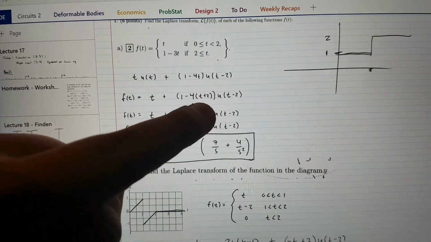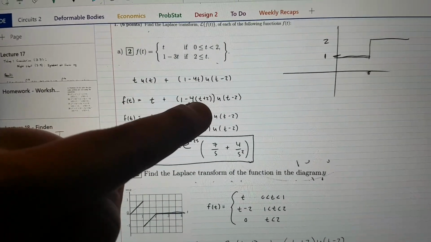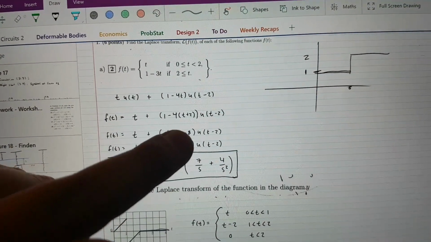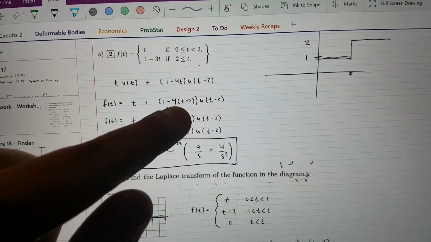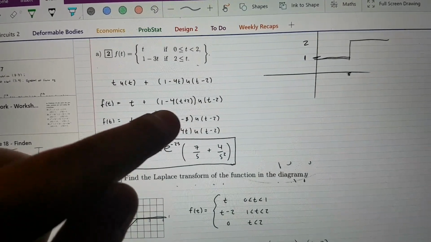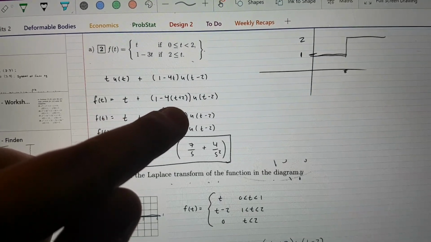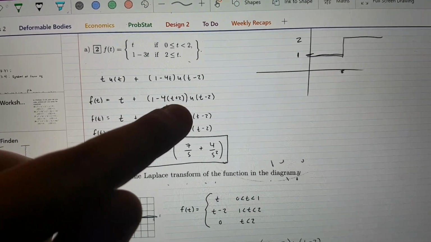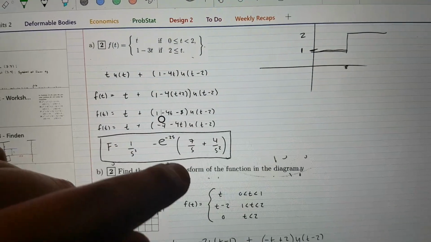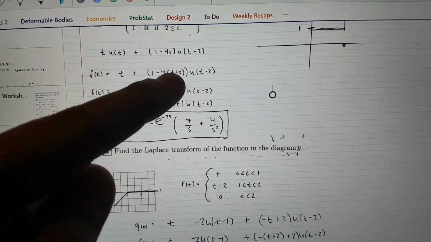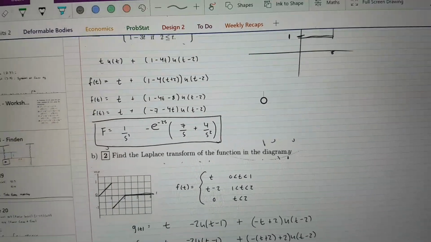And then you evaluate your t's here at t minus 2, but it's t plus 2. And I made a mistake because I had t minus 2 here, so it would be minus 4 times t, and then minus 4 times minus 2, and then I wrote minus 8, so I made a mistake. I just happened to get the rest of this right because of that, but if you plug in t plus 2, this will work.